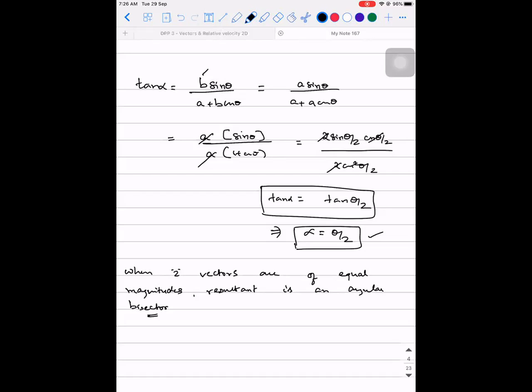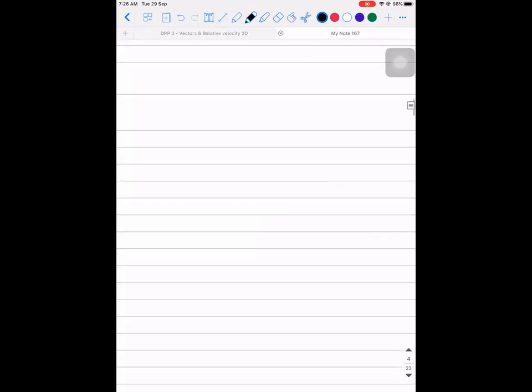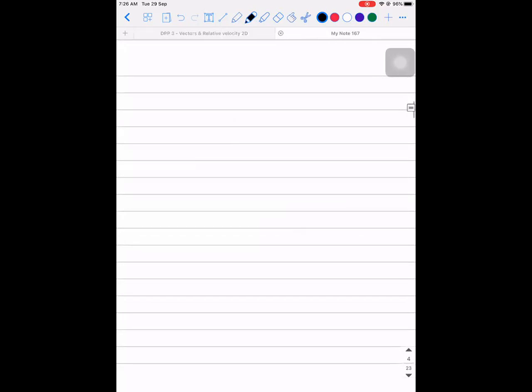So I'm moving on to the next concept, that is multiplication of two vectors. So when you talk about multiplication of two vectors, it is like this.